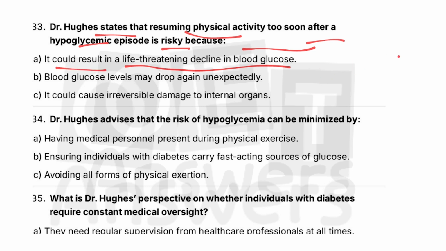Then blood glucose level may drop again unexpectedly. This is about the second risk. Unexpectedly, blood glucose level may drop again, like hypoglycemia. Then it could cause irreversible damage to internal organs, meaning damage which is irreversible. So overall, this is the difference between A, B, C.